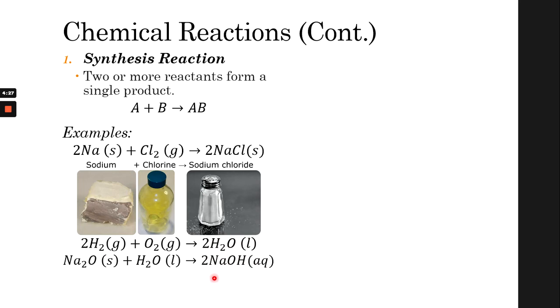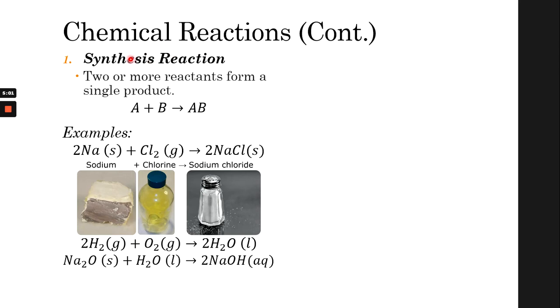Another example is sodium oxide plus water, wherein you create the base sodium hydroxide. So in a synthesis reaction, you have 2 or more reactants, which could be elements or even compounds, and then you create one single product from their combination. That is synthesis reaction.